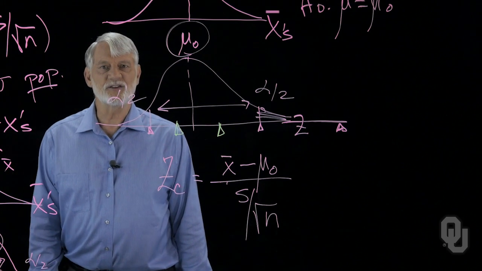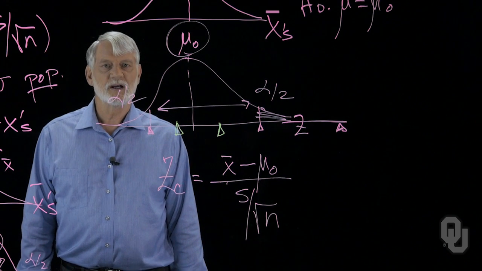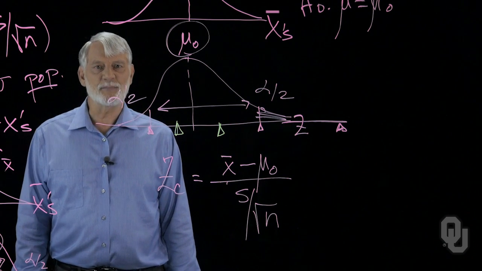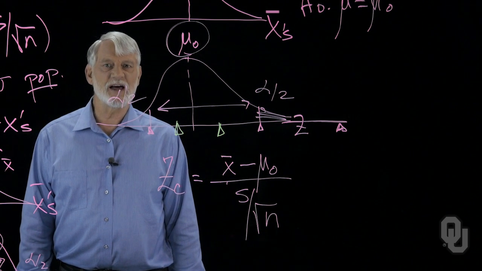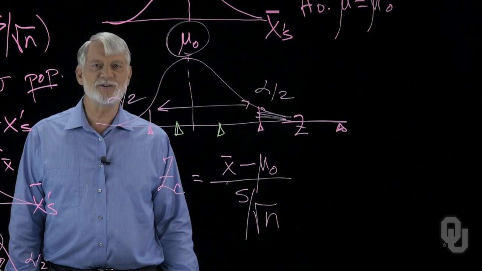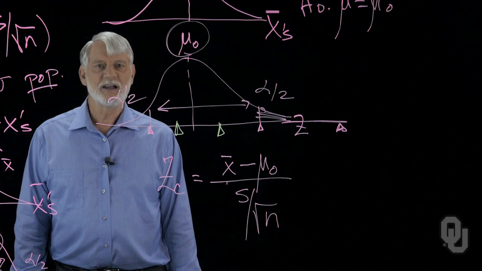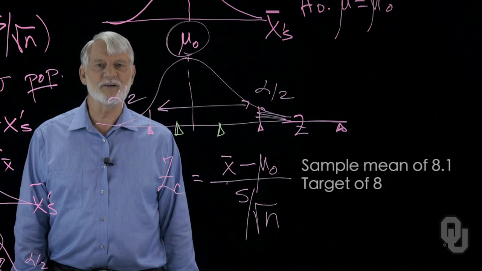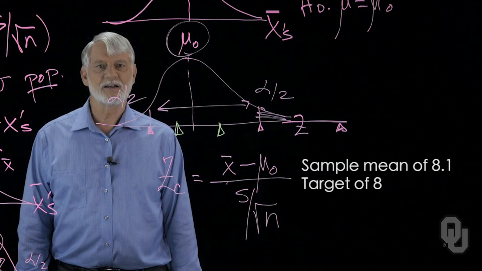Hypothesis testing begins with a value of a parameter that is of interest to us. We fully expect that any sample will have variation in the sample mean value from the target value. In a way, we are asking a question that any 5-year-old would wonder why we went to college to try to get the answer. The bottling plant has a sample mean of 8.1 ounces and a target of 8.